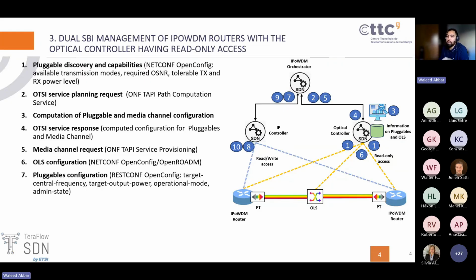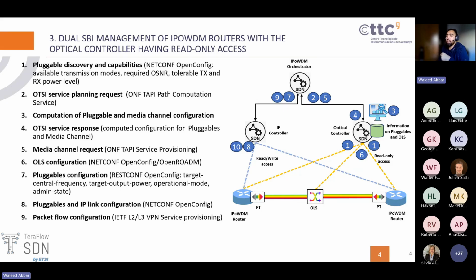So the packet controller will configure them, and then it will also configure the IP link configurations. Then it will create a packet flow configuration, and then it will configure the routers.